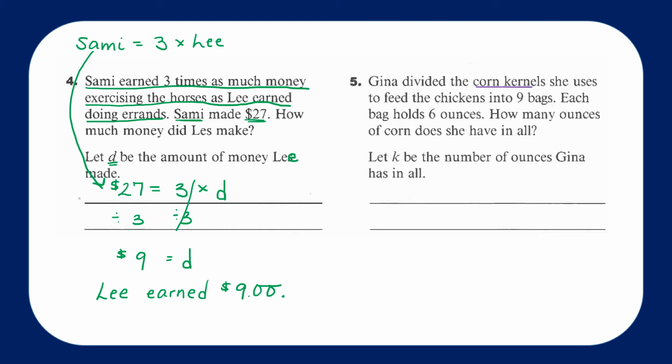Okay, so she has a bunch of corn kernels. And she's going to feed chickens, and she's going to divide it into 9 bags. So she's going to divide the corn kernels into 9 bags, and each bag holds 6 ounces.